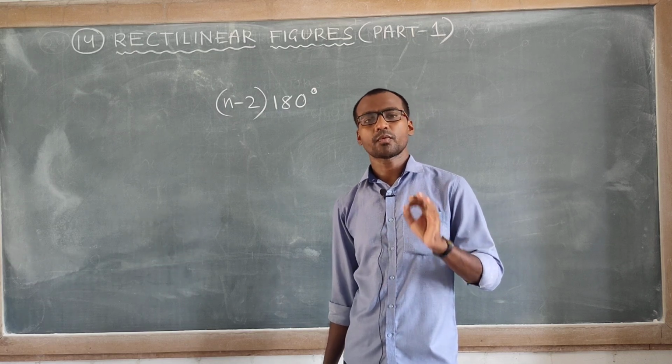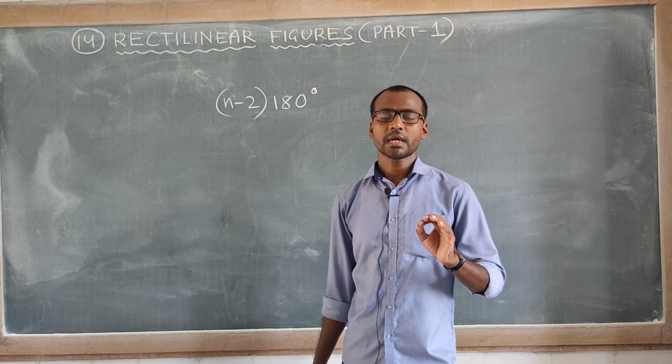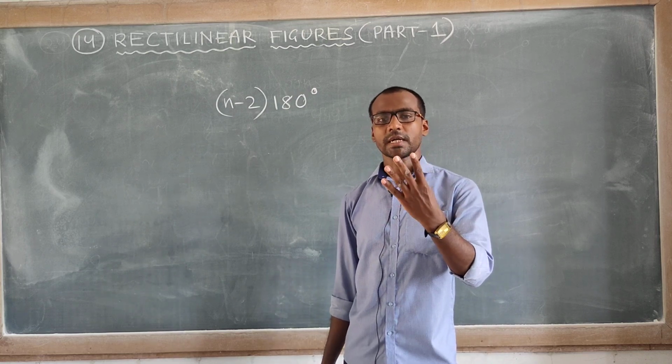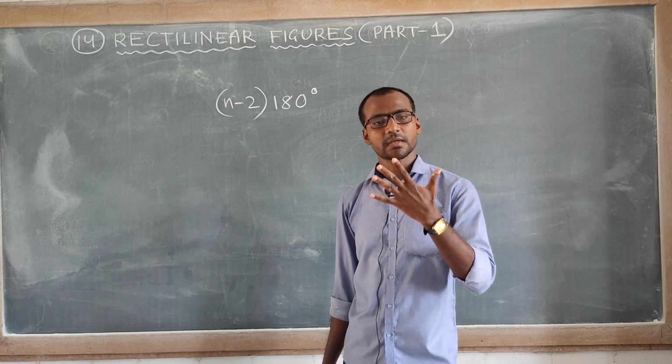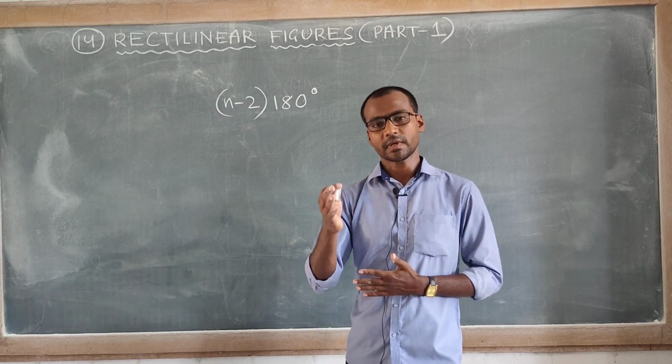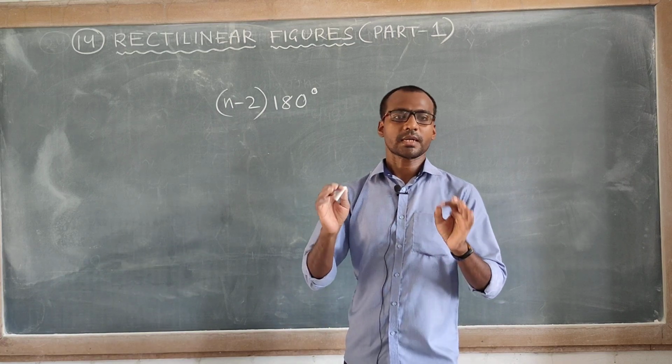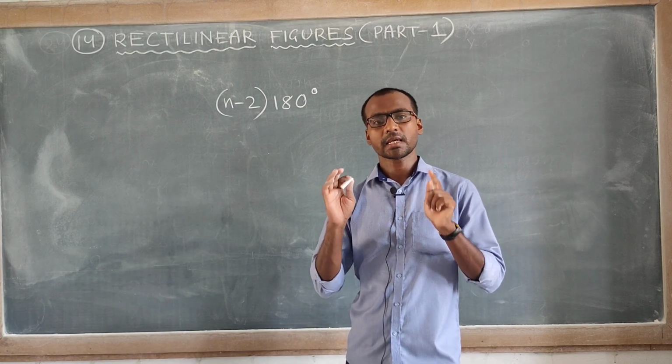If there are n sides in a polygon, there will definitely be n angles in the polygon. 3 sides, 3 angles. 4 sides, 4 angles. 5 sides, 5 angles. 7 sides, 7 angles. If a polygon has n sides, then definitely it will have n angles.